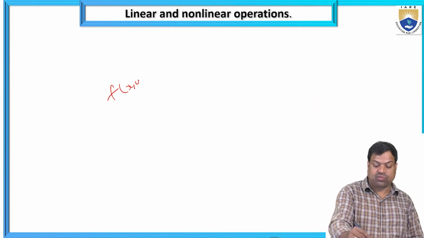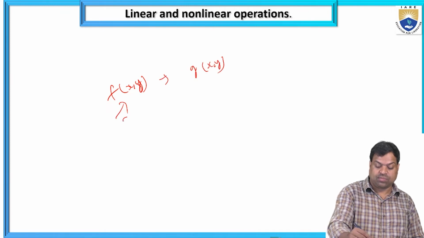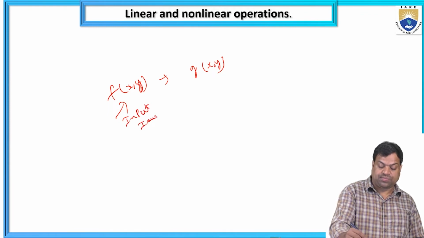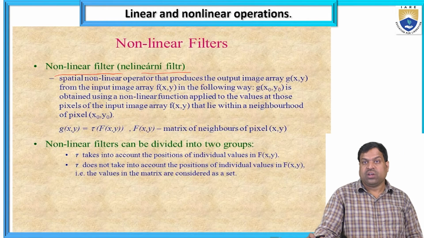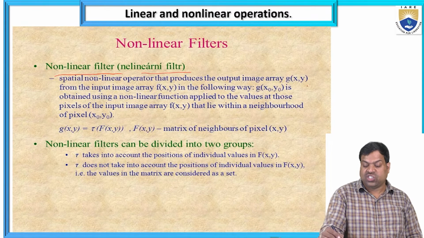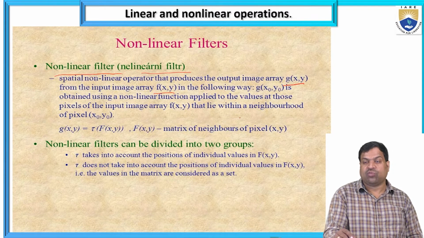The input image is f of x comma y, and g of x comma y is the output image. A nonlinear filter produces the output image g of x comma y from the input array f of x comma y in the following way.